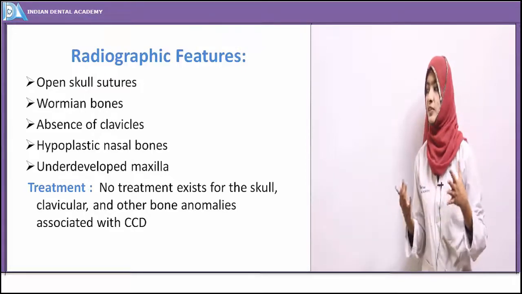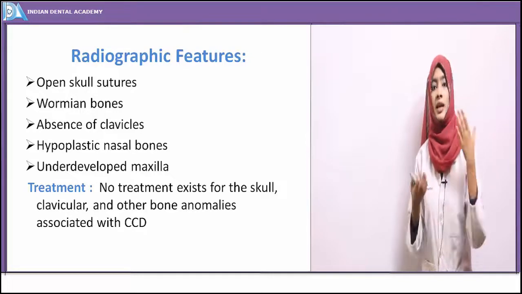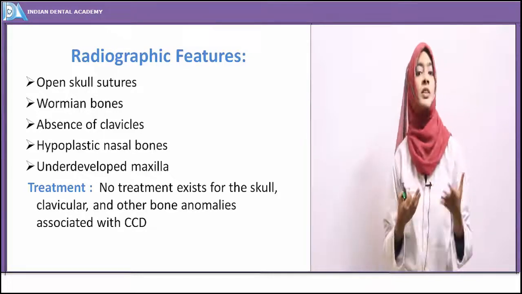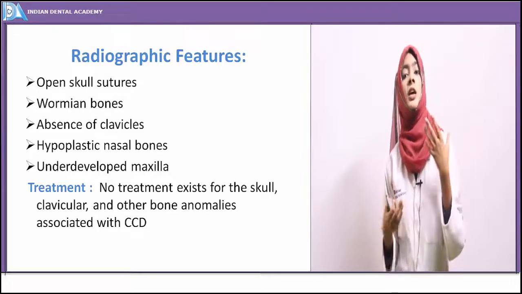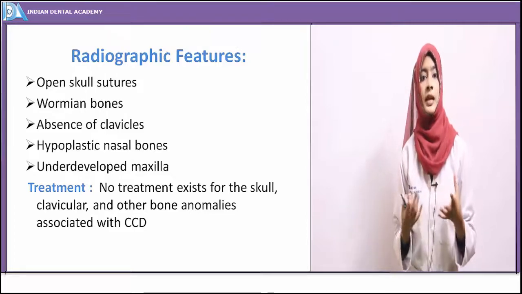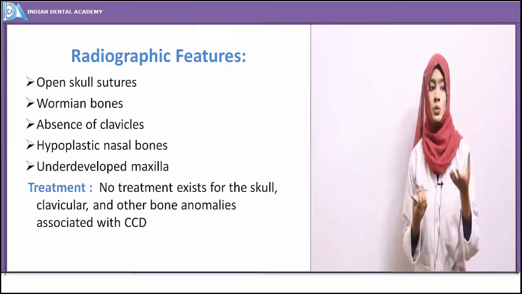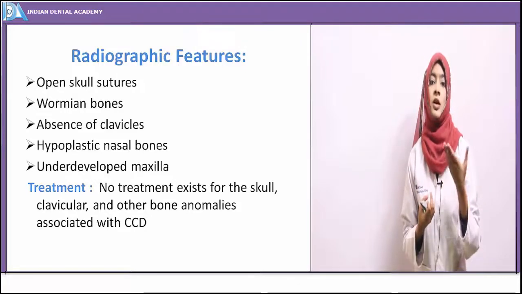There is no specific treatment for this condition other than, whenever it's affecting the whole of the oral cavity with so many impactions and so many retentions of deciduous teeth, you have to make an attempt to restore the jaws to normalcy, that is to restore the development of the maxilla.